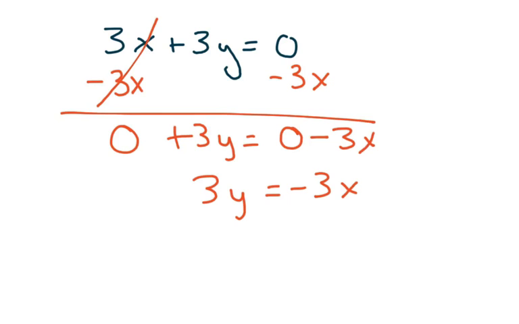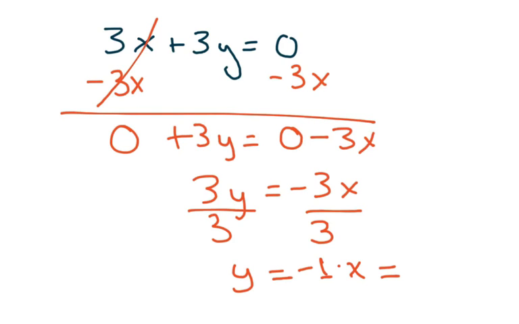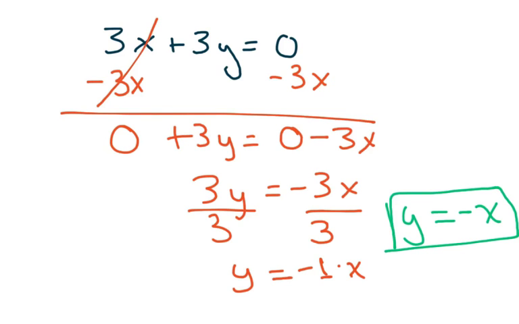Now you can divide both sides by 3, and you get y equals negative 1 times x, which equals y equals negative x. You don't have to put the 1 in front. And that's all.